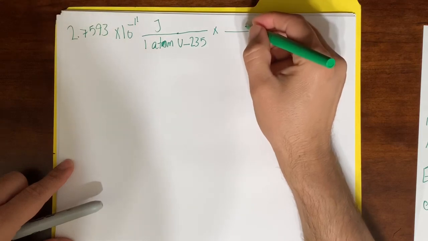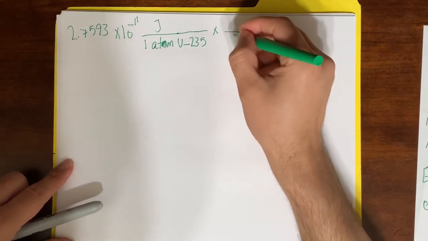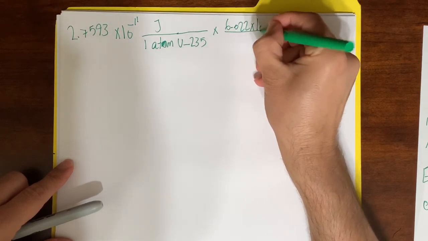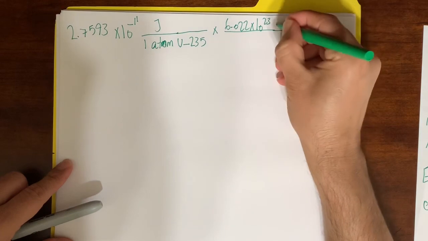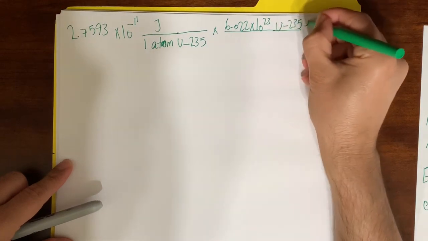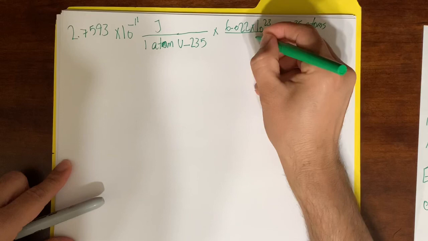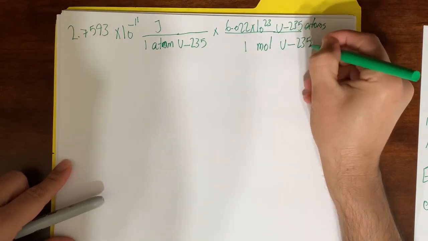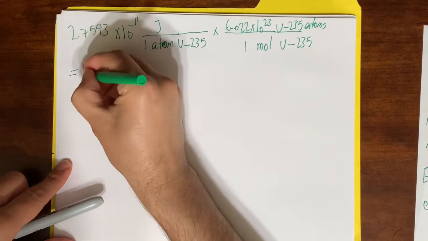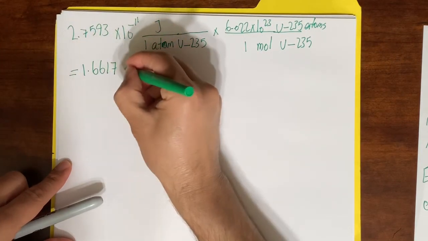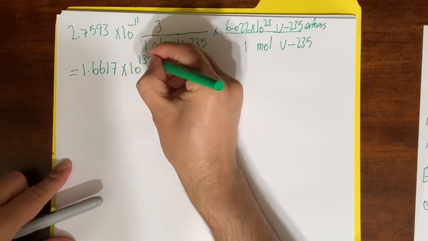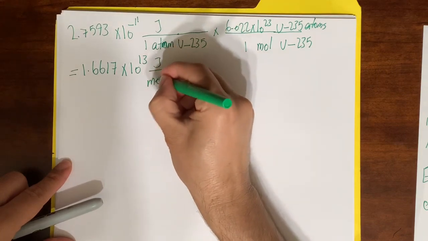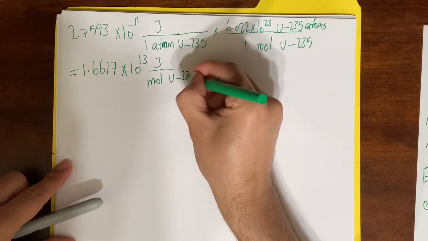So if this time you want it in mole, you go with Avogadro number, equal to 1 mole. So the answer will be 1.6617 multiplied 10 to the power of plus 13 joule per mole of uranium-235.